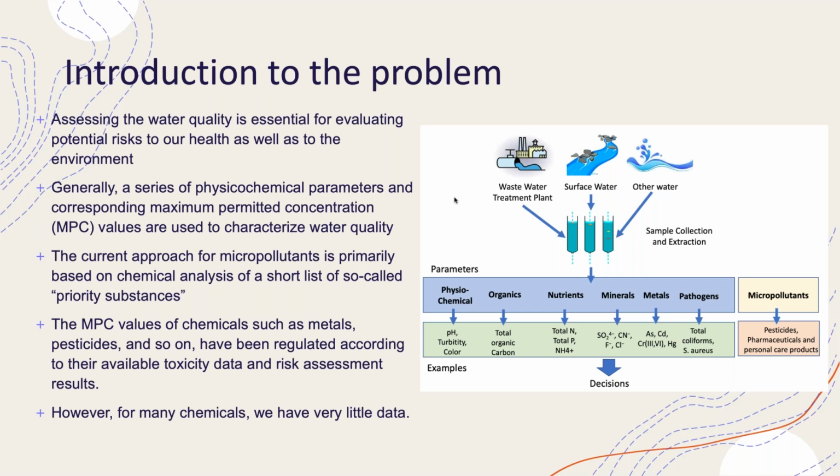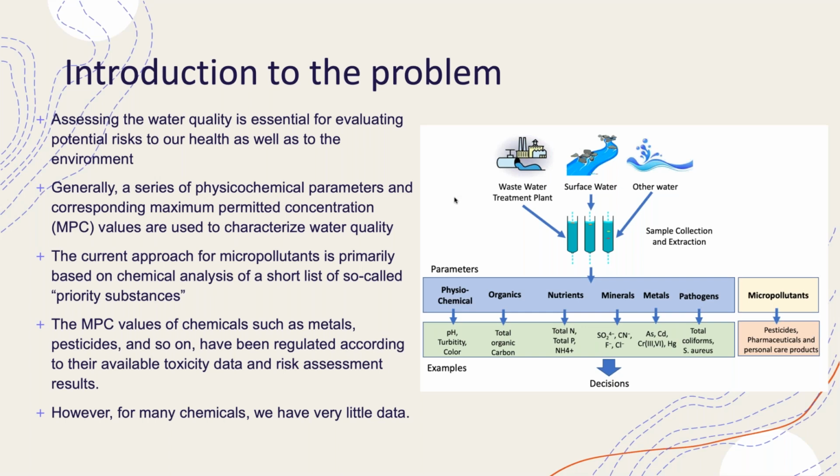Generally speaking, our current approach is to look at priority substances that are in this pool of chemicals within the water, and look at the concentrations of those selected compounds using very typical analytical chemistry approaches. We do this for a lot of different chemicals, including metals and pesticides. And then we regulate based on the concentration of these priority chemicals.